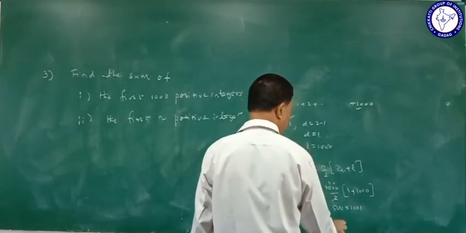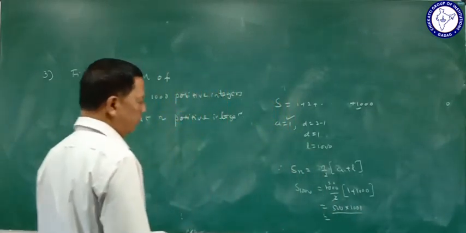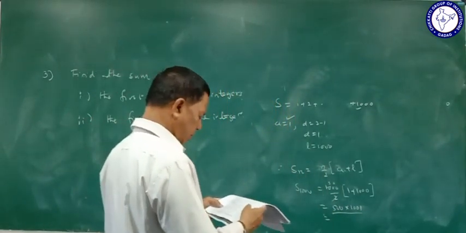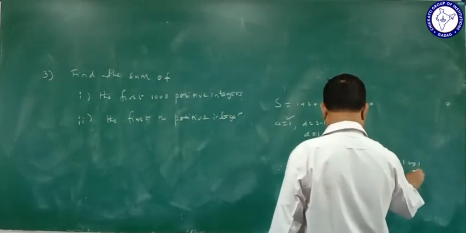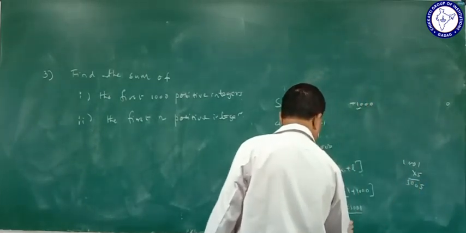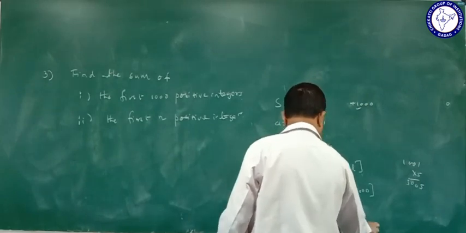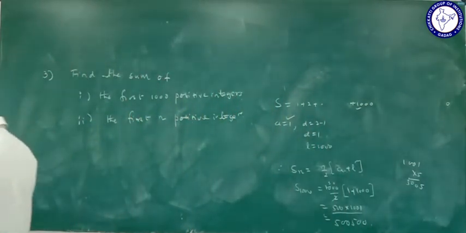So you can go for multiplication. 1001 into 5, 5 1s are 5, 5 0 0, so 500500. So this will be the answer that you can write.